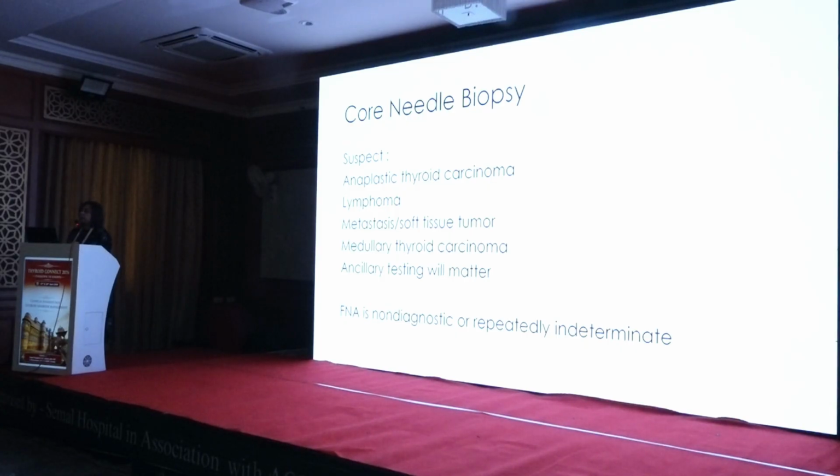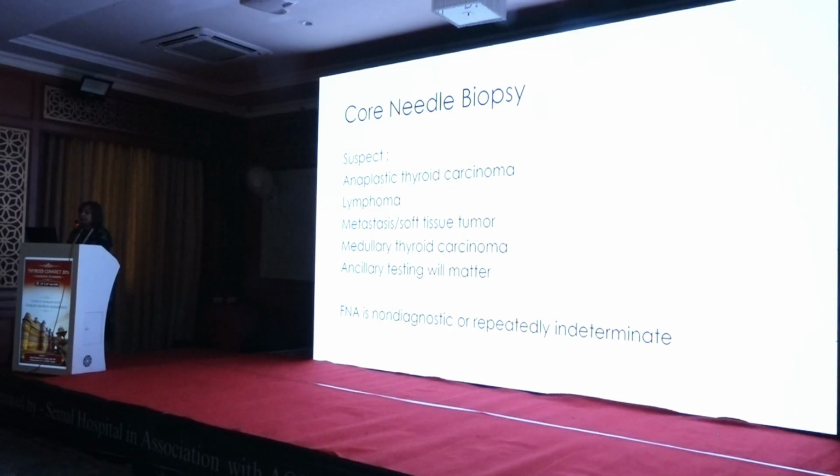And also when the patient has another malignancy, sometimes they have kidney masses or some breast mass, and you want to distinguish whether it is a breast metastasis to thyroid or a primary thyroid tumor. In those situations, the first line is FNAC, but if the FNAC cannot distinguish between the two, then you can do a core needle biopsy, because then you can also apply immunohistochemistry if required.